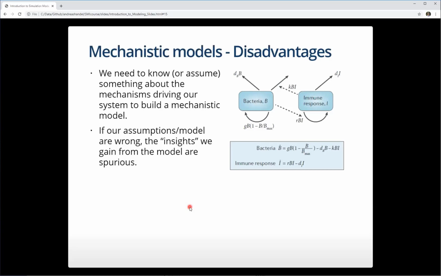And then once you have more understanding of your system, maybe these mechanistic models might be a useful tool. Of course, if you build a model based on the wrong assumptions, then any insight you gain from your model will not be very useful. If the model is wrong, then what you learn from it is also wrong. And so that's, of course, the tricky part with these kind of models.